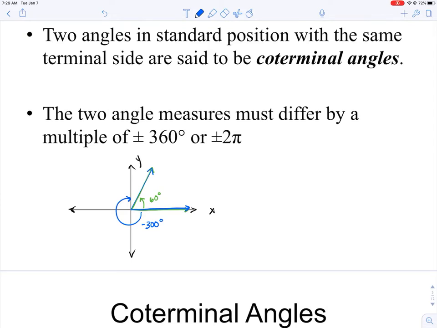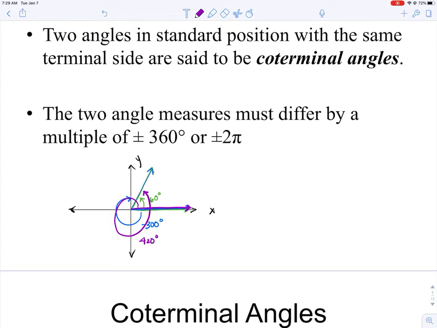Or we could think about adding 360 degrees. So that would put us at 420 degrees. So if we started at the positive x-axis, rotated all the way around, and then kept going, that would put us at 420 degrees.